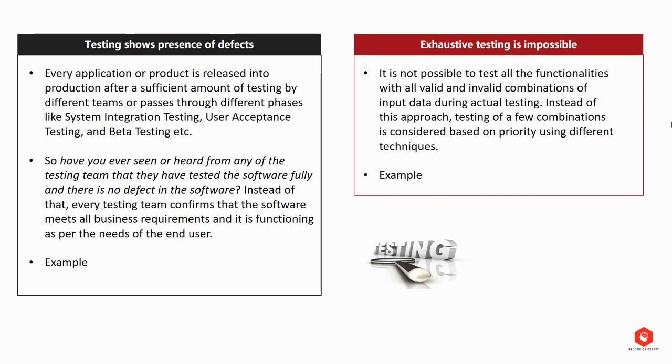Suppose we have an input field, and that field accepts alphabet, special characters, and numbers from 0 to 1000 only. So, imagine how many combinations would appear for testing. It is not possible to test all the combinations for each input type. Let's say you just have numbers, so only up to 1000.